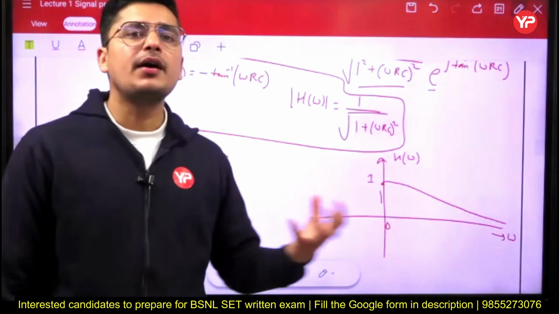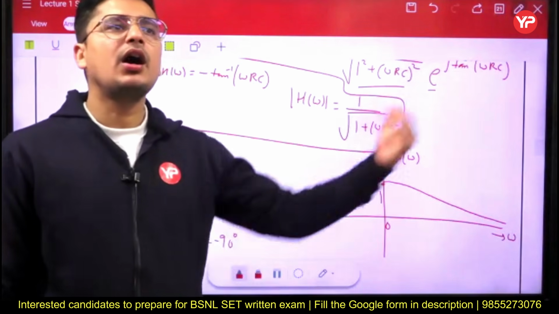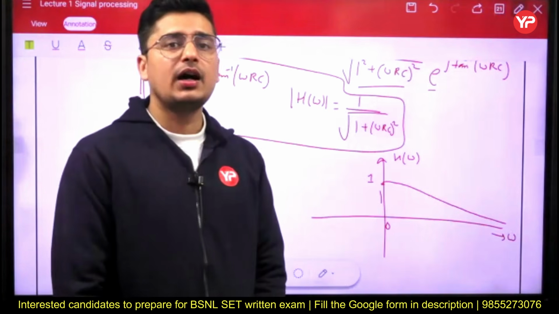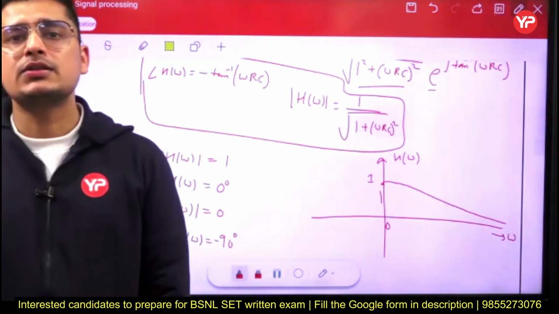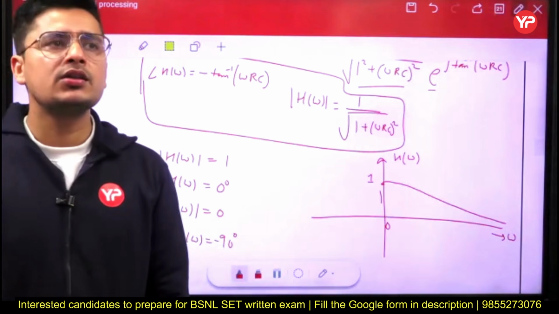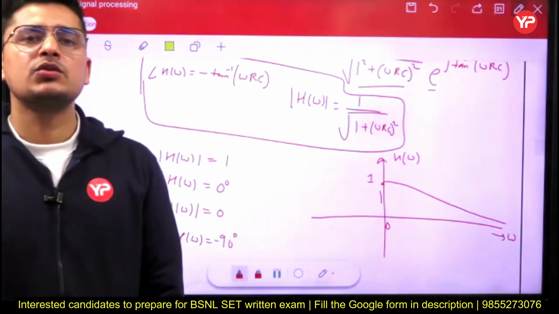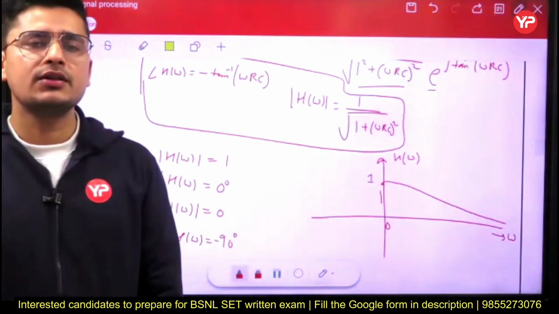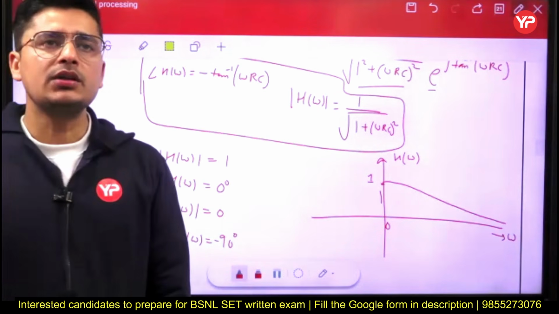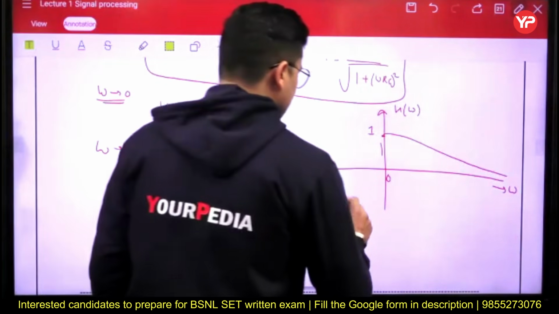It means it will pass that frequency effectively. Right? And at higher frequencies its gain is very low, almost zero at very high frequency. So it is only passing the low frequency signal through. It means this filter is generally known as a low pass filter.